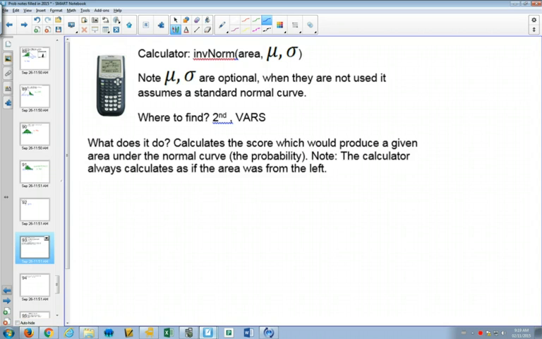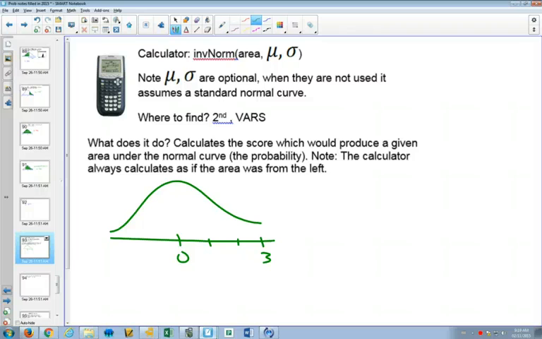Something about it is that it always measures from the left. So here, if we've got, let's say, just a standard normal, and you put in 10%, it will calculate 10% here.